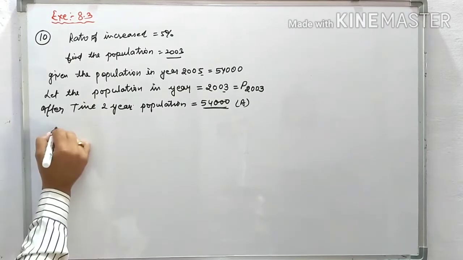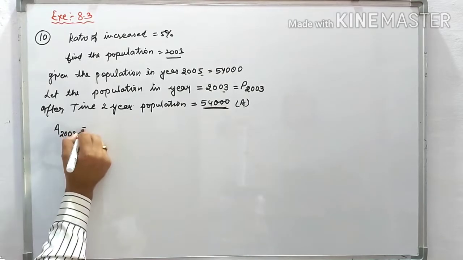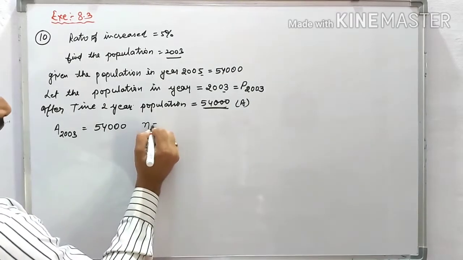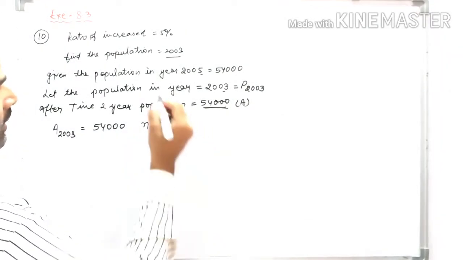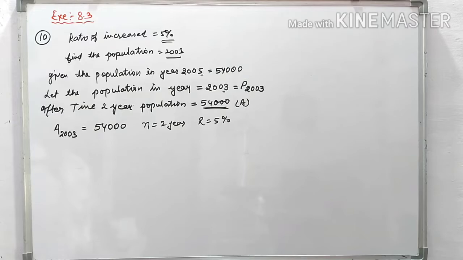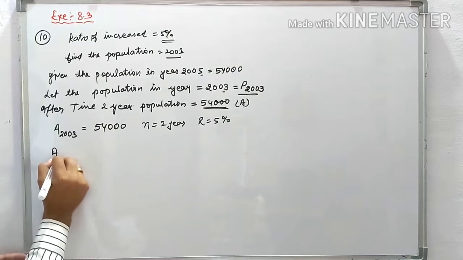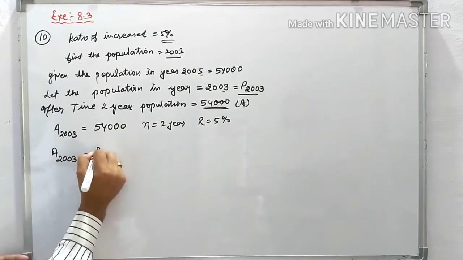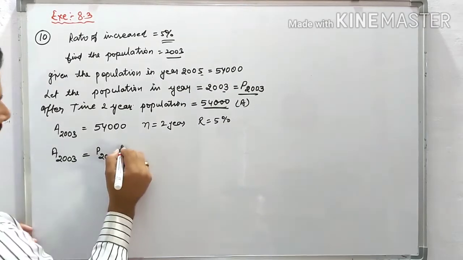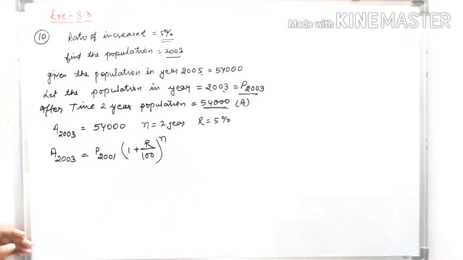So we write A 2003 is equal to 54,000, n for time is 2 years, and the rate of interest R is equal to 5%. We find the value of P. So write A 2003 is equal to P 2001 into (1 plus R upon 100) to the power of n.